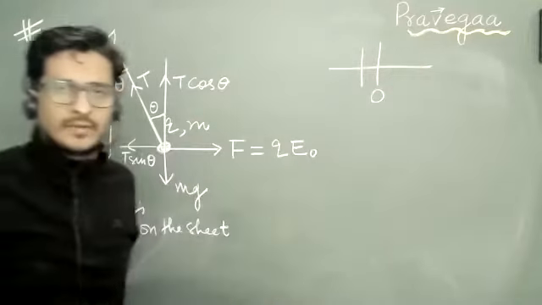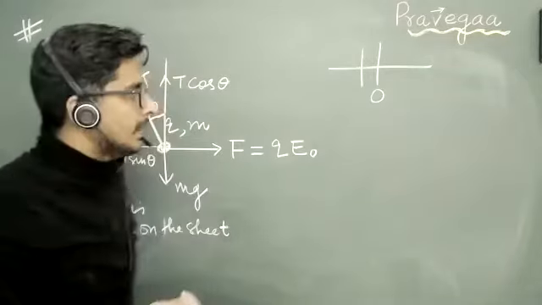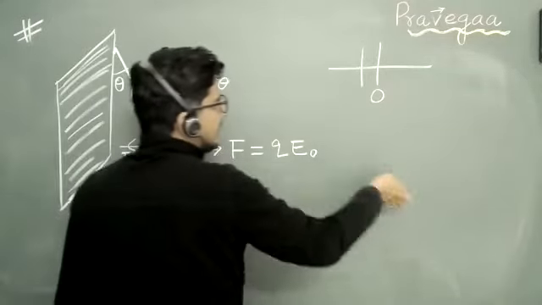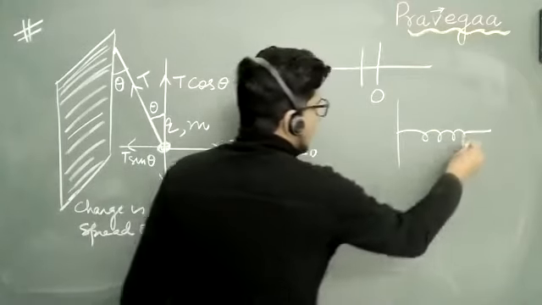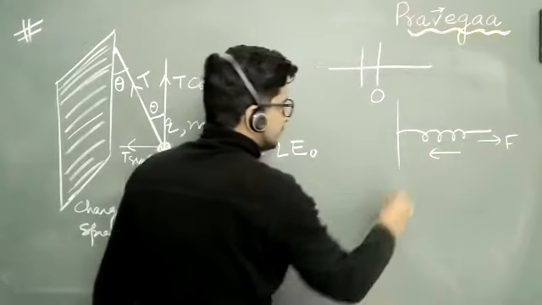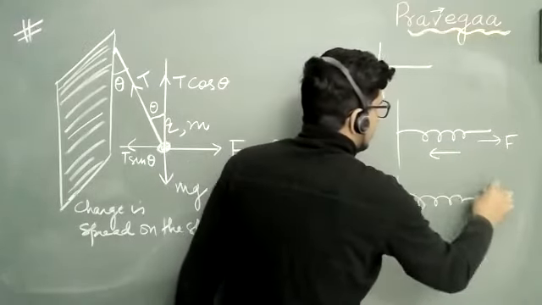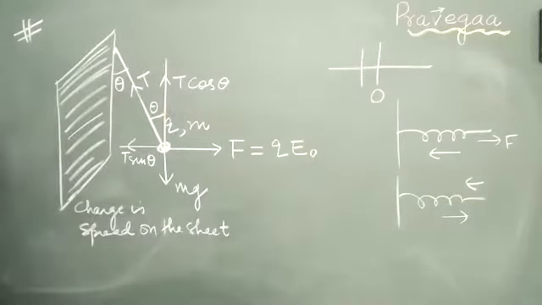So that's why it is restoring. You take it in some direction, like in a spring. You take it in this direction, it will try to come in this direction. If you push it, it will try to come in this direction. So that's why these forces are restoring forces. Okay.